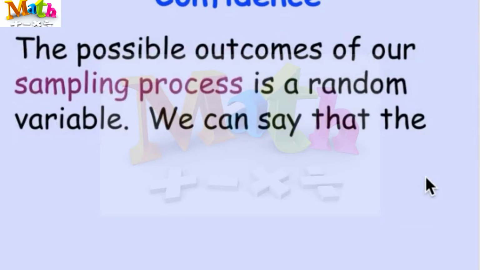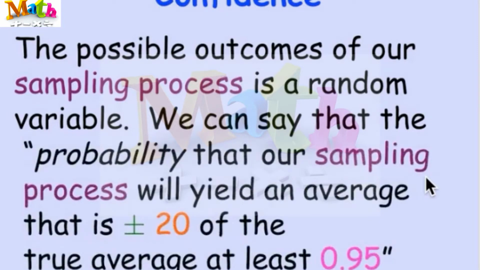We control the randomness. We can't say that C is random. Our measurements are random. So the right thing we can say is that the possible outcomes of our sampling process can persuasively be modeled as a random variable. So what we can say is that the probability that our sampling process will yield an average that's within 20 of the true average is at least 0.95.